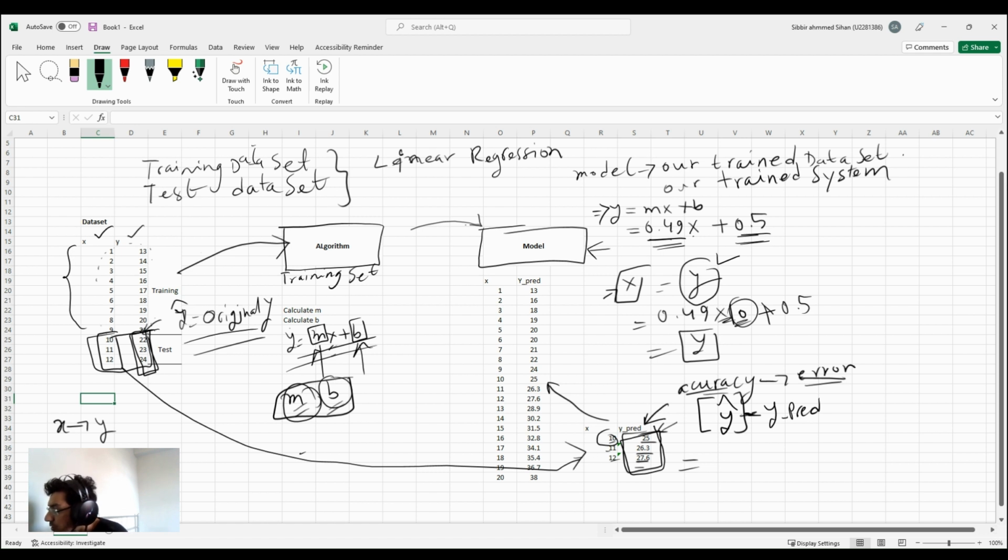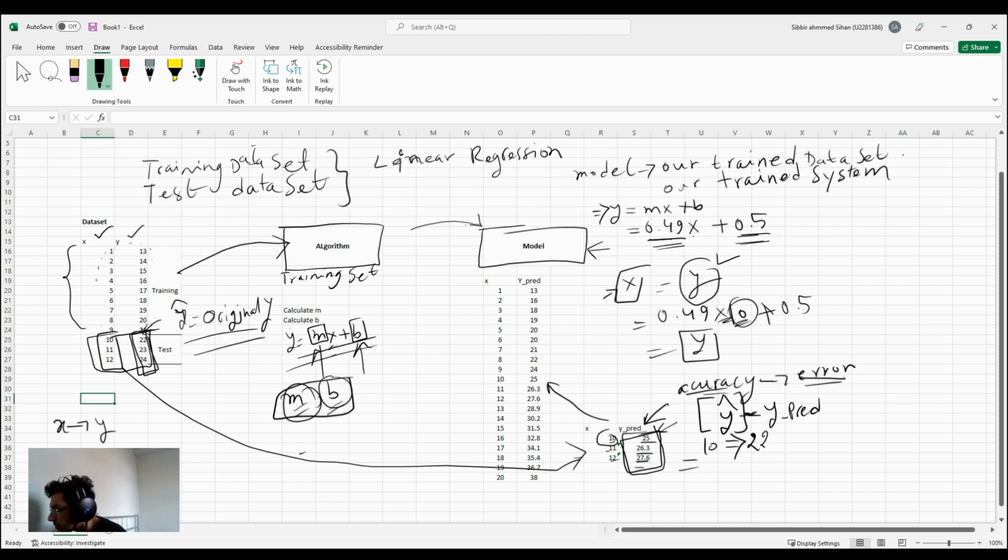So what we do is we try to find out the accuracy for the value of x, right? What we're going to do here is take the original value for the 10, which is going to be 22.